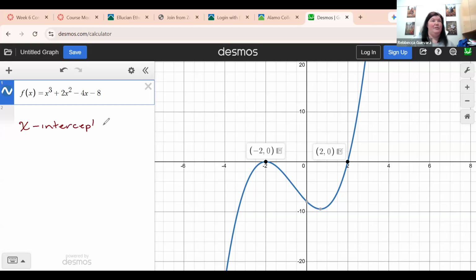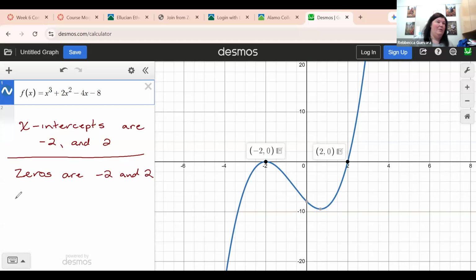So my x-intercepts are negative 2 and 2, which are also my zeros. We call them zeros because that is when the function is at 0, so it's when y is equal to 0. And remember, those are also roots.